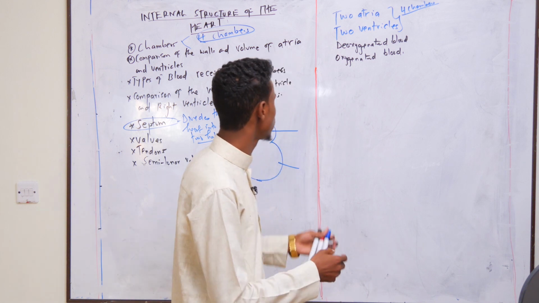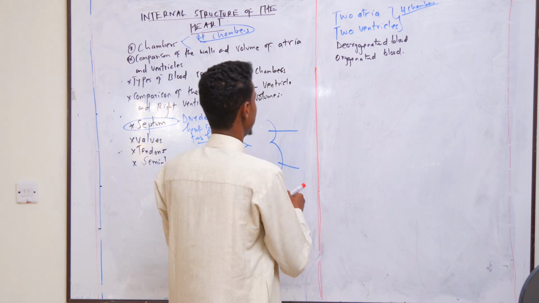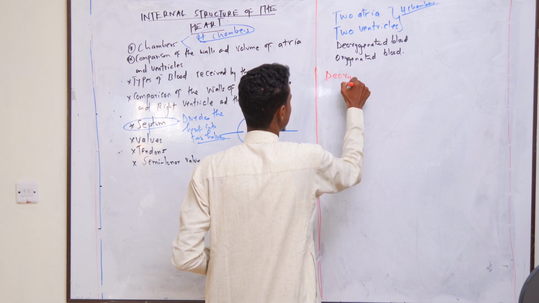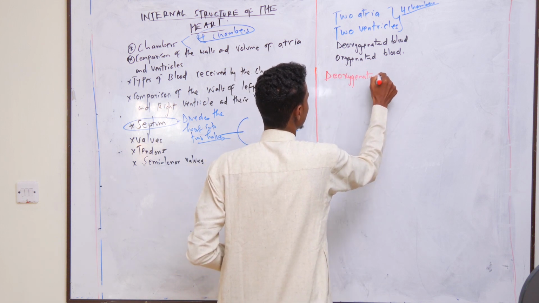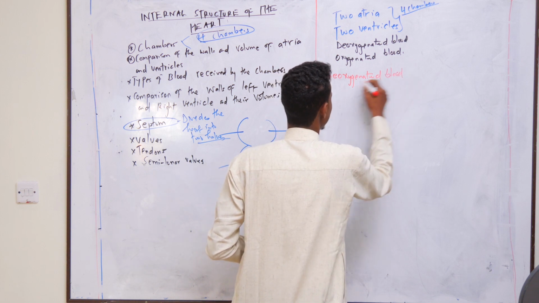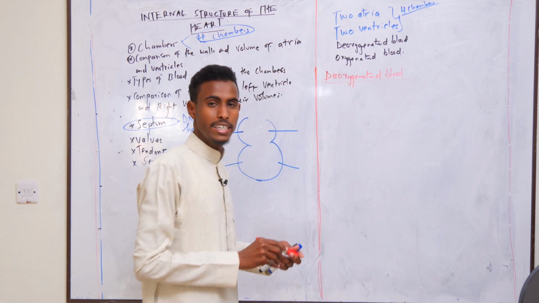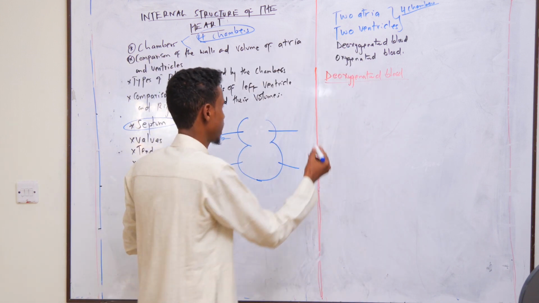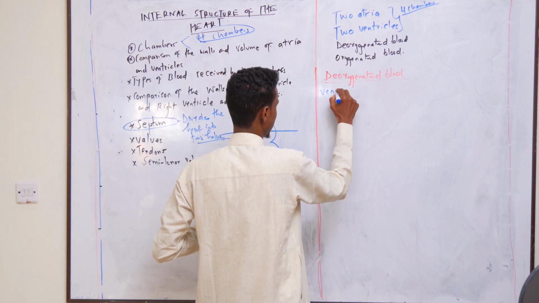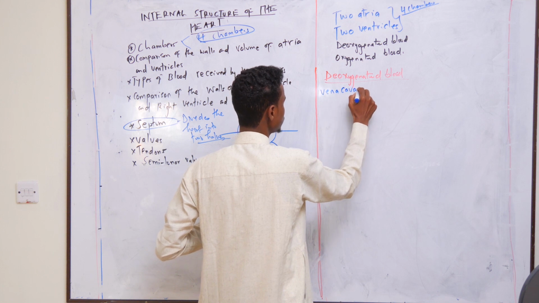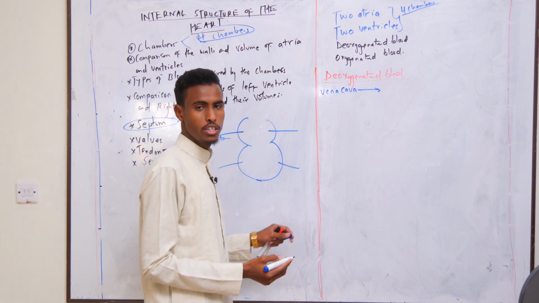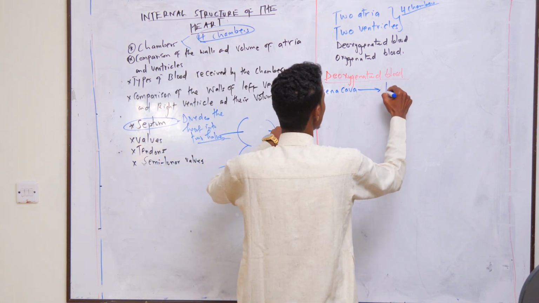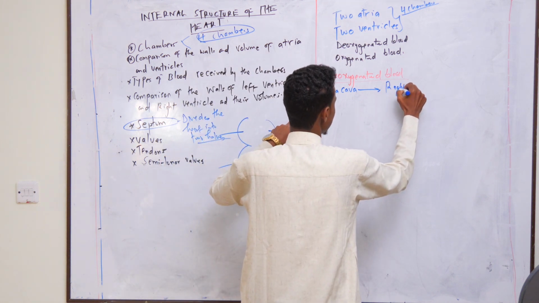The deoxygenated blood enters the heart through the vena cava. From the vena cava, the deoxygenated blood goes to the right auricle, the right atria.